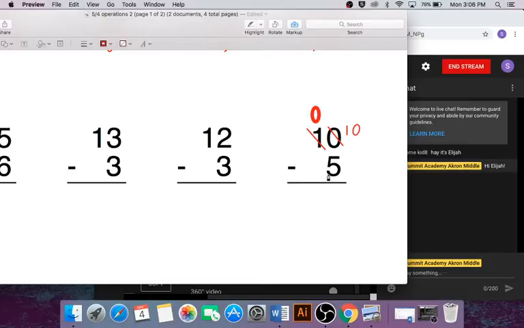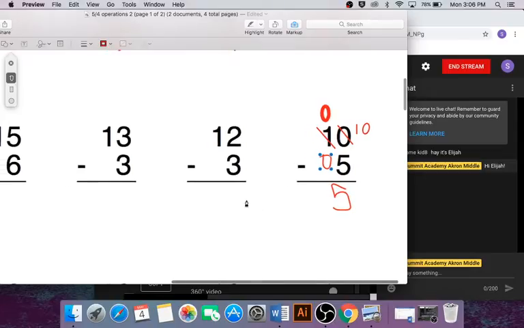Now we have 10 minus 5. 10 minus 5 is 5. And then this would be a 0, so 0 minus 0 would still be 0. So our answer to 10 minus 5 is 5.